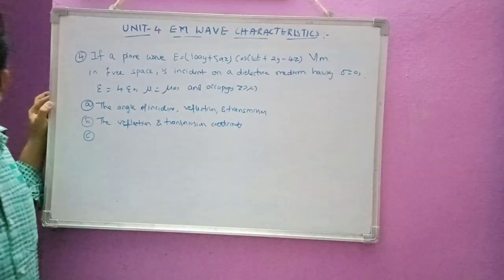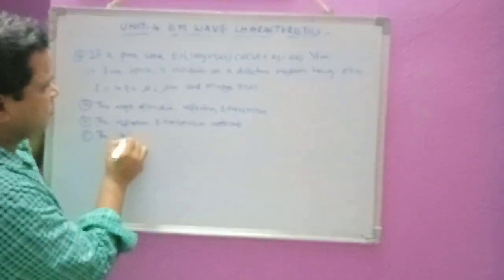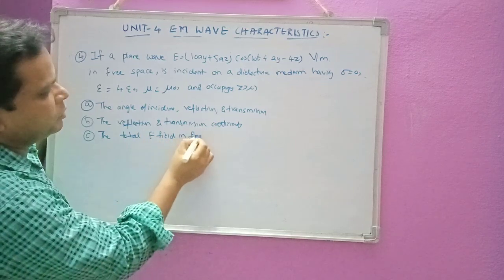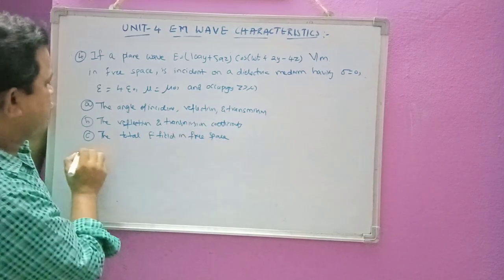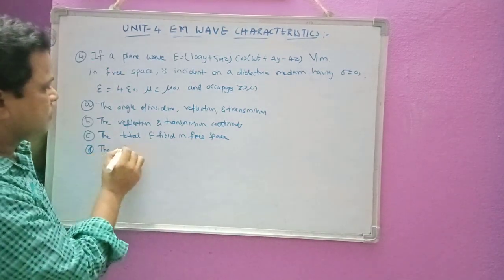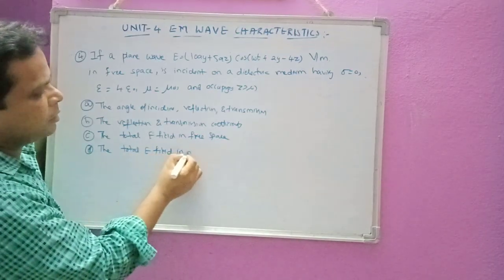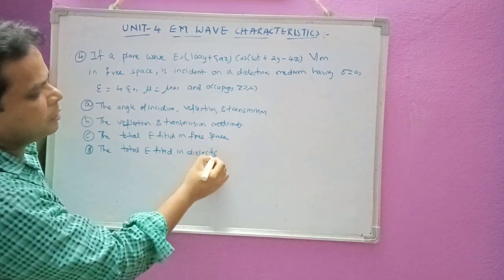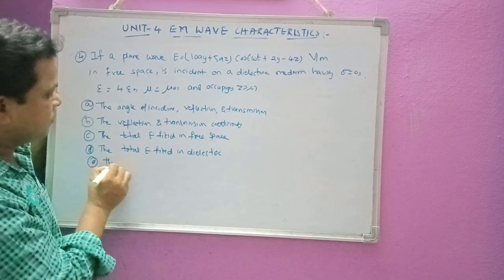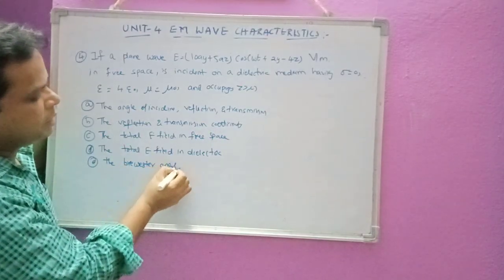And C, he is asking the total E field in free space. D question, the total E field in dielectric. And finally he is asking the Brewster angle. So this is the question which has been given.